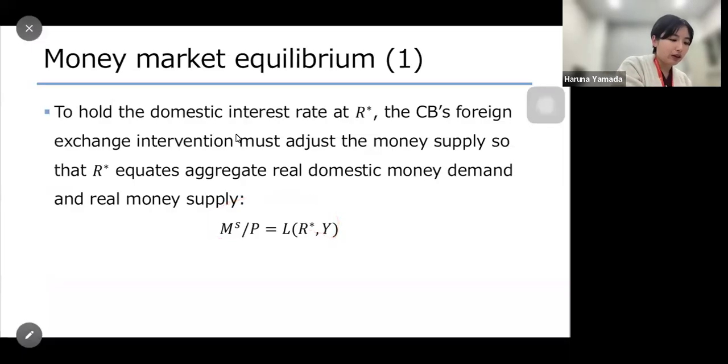So note that this is the foreign interest rate. In the standard domestic money demand function, here is R, the domestic interest rate level. But in this model, R equals R star, which is the foreign interest rate.